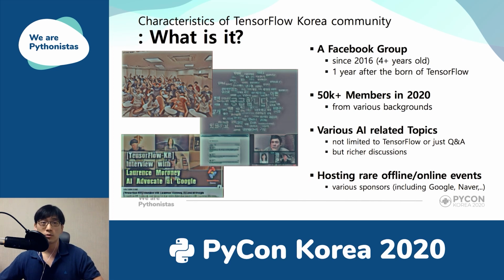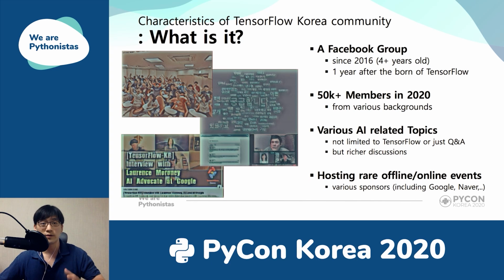Despite its original purpose, there is a variety of topics that we discuss these days in our community. As you know, AI itself is not a big deal, but when it's combined with different technologies, it becomes a huge deal. Because of that, we have a very large user base from lots of different backgrounds. Interesting part is, our members are posting not only simple Q&As, but also complex topics and useful information, delivered by very rich text and images.